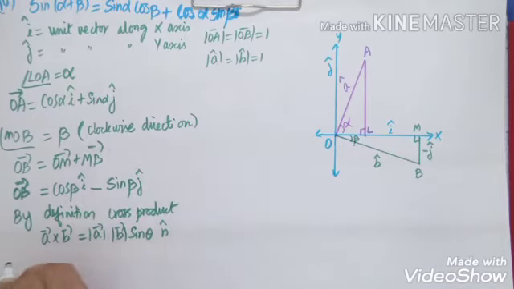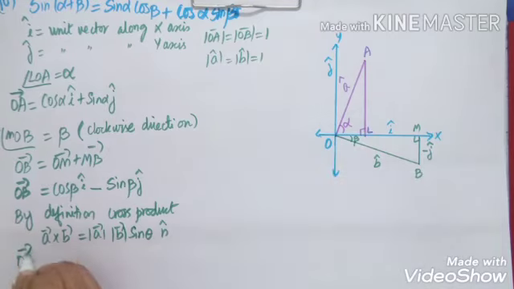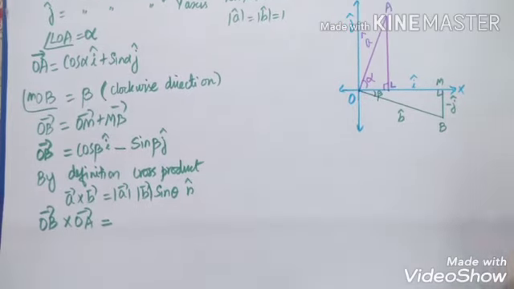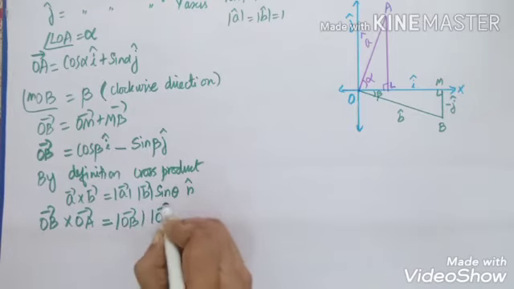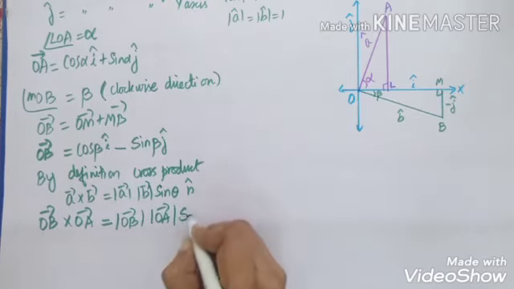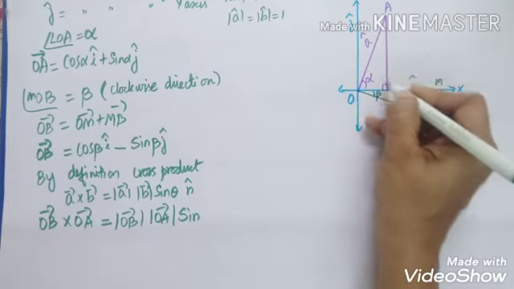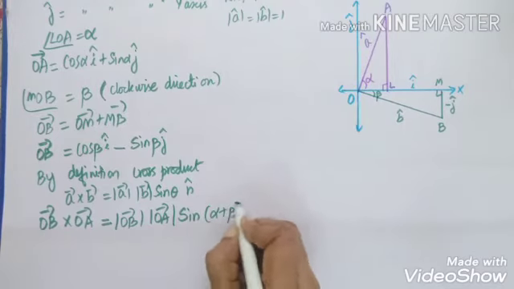In this problem, B comes first, then A. So OB cross OA equals mod OB mod OA sin of the angle between B and A. This is beta, this is alpha, together alpha plus beta.